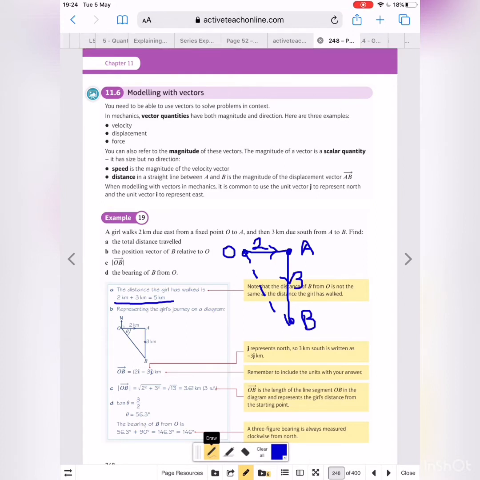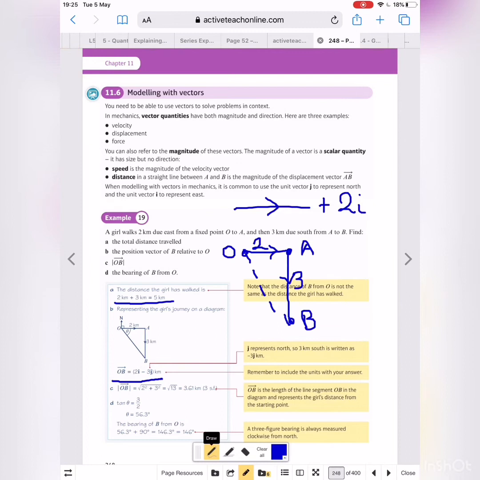So then part B, the position vector of B relative to O. Now position vector just means you need to have it in the form of I and J. Well, we know that when we're going this way, we're moving in the positive I direction, so it's going to be plus 2I.